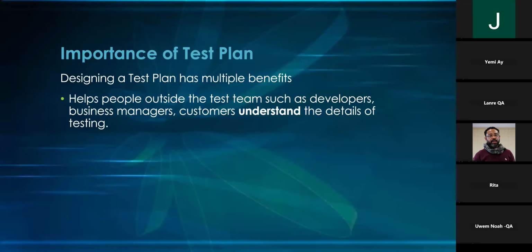Yes or no? If they do, they will let you know. If they don't, that's where you want to show your skills. You tell them, okay, give me the documents that you have on this project. I'll start designing a test plan. When you talk like that, they understand that this person knows what they are doing. You don't just come in and say there is no test plan, you want to start designing a test case. No.